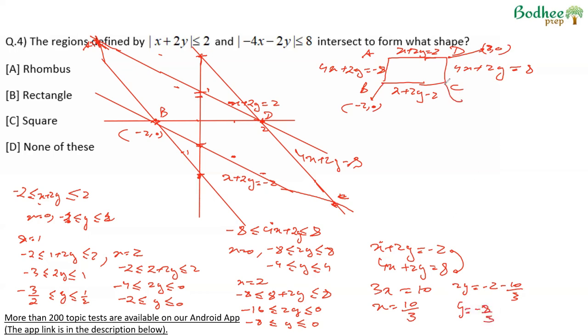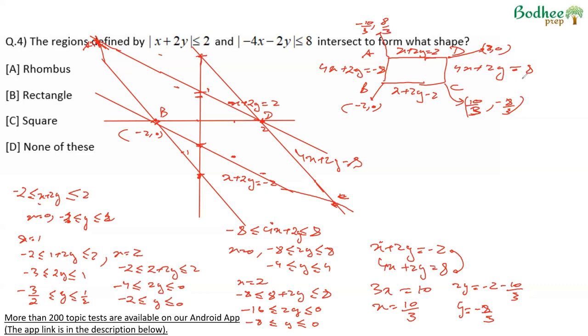So C coordinates will be 10 by 3, minus 8 by 3. And therefore, correspondingly here, x will be negative, y will be positive. So A will be minus 10 by 3, comma 8 by 3.